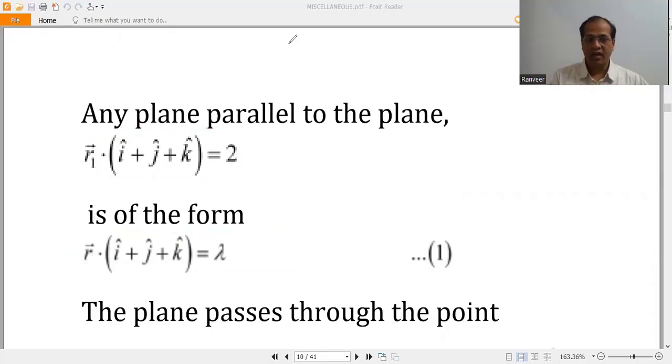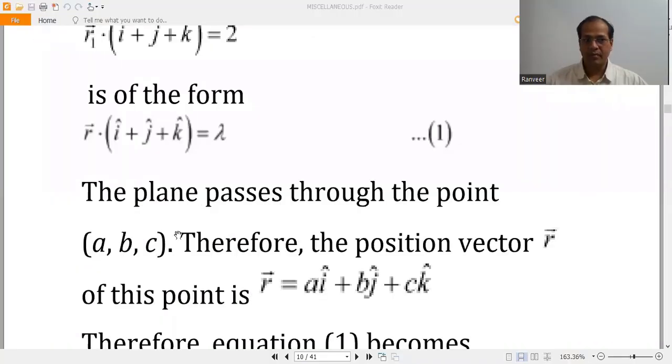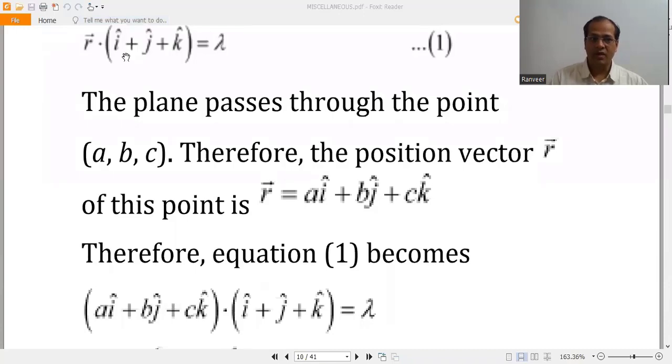Now it is given this plane is passing through (a, b, c). So first of all, the position vector r of this point, r equal to ai plus bj plus ck, we can take. First we have to convert this into vector form.